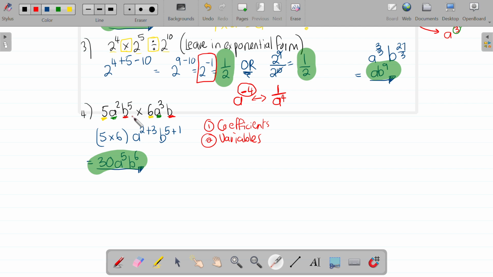And then for my b, it's b to the 5 times b, and it's the same thing: there's an imaginary 1 here. So it's going to be 5 plus 1. And then when we simplify, 5 times 6 is 30. A to the 2 plus 3 is a to the 5. And b to the 5 plus 1 is b to the 6. And that is how I get that answer.